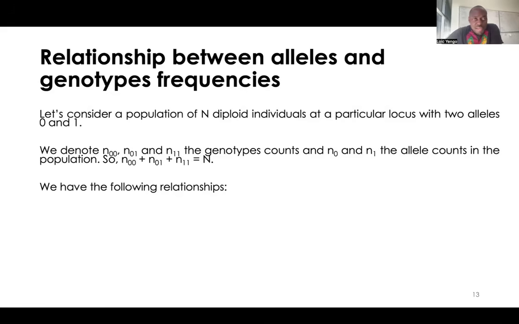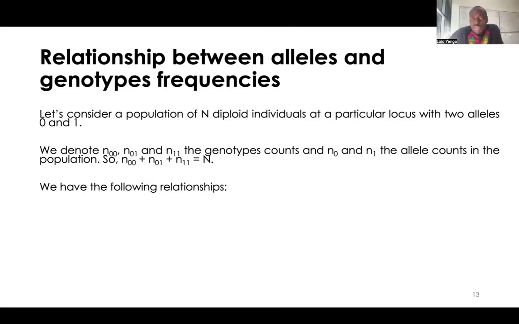Again, introducing notation, we're going to call small n_00 the total number of individuals who are homozygous at that particular locus with the 0 alleles, so they have the 0,0 genotype. The 0,1 or the 1,0, we're not going to distinguish; we're going to assume this is the same genotype, and we're going to call small n_01 the total number of people with that genotype. Finally, small n_11 will be the total number of people with the 1,1 genotype.